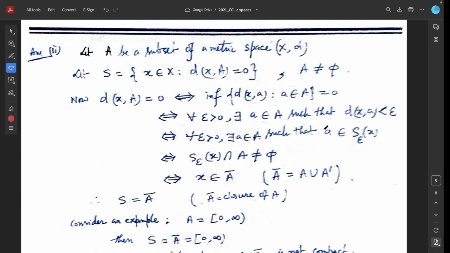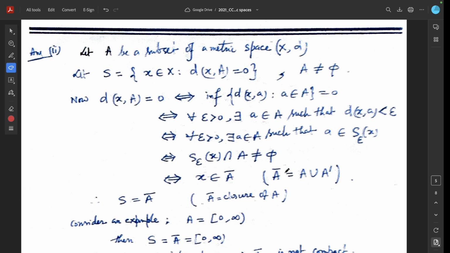And this is equivalent to: for all epsilon greater than 0, there exists a belonging to the set A such that a belongs to the open sphere S_epsilon(x), centered at x with radius epsilon. So S_epsilon(x) intersection A is not equal to the empty set, with at least one point a belonging to the set A. This is equivalent to x belonging to A bar.